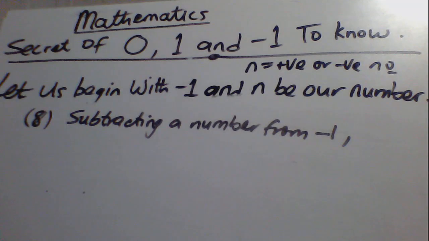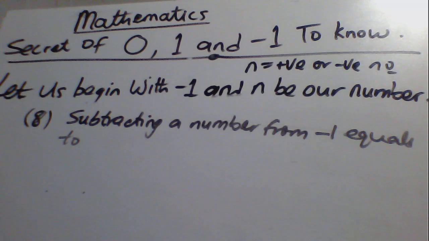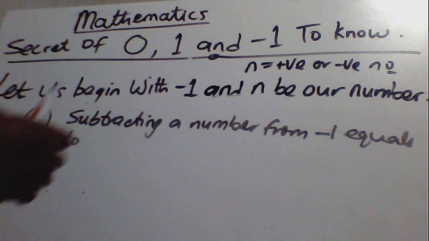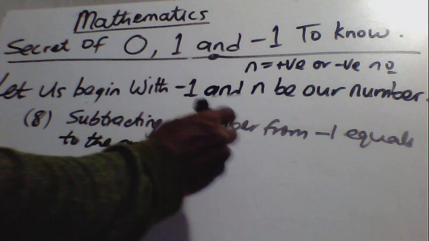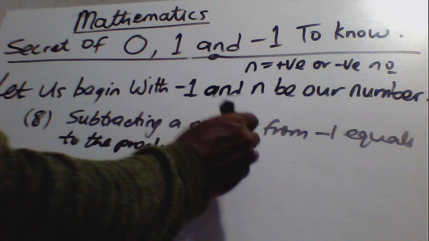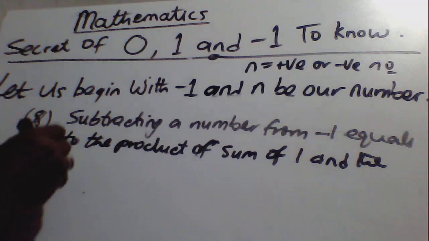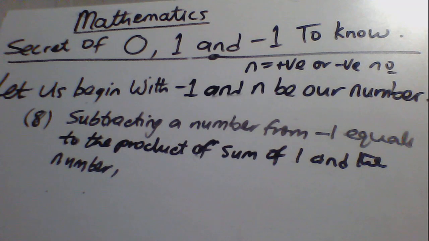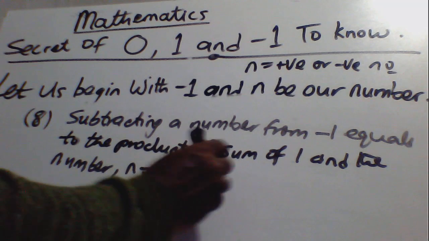Subtracting a number from minus 1 is equal to adding the number to 1 and equal to the product of the sum of 1 and the number, in this case the number n is positive, and minus 1.